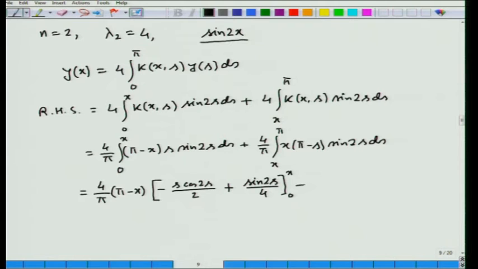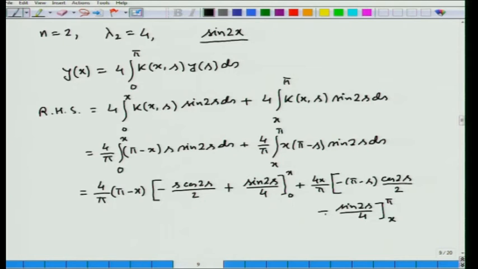For the second part we will be having 4x by pi outside the integral sign, and then we have minus pi minus s cosine 2s divided by 2, and then minus sin 2s divided by 4, limit from x to pi.